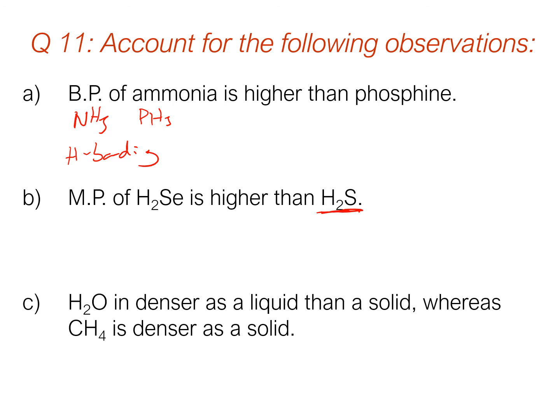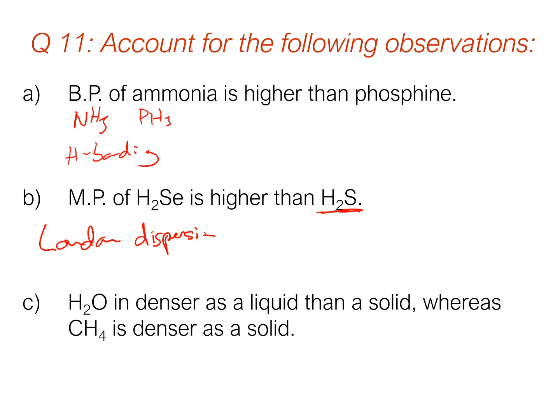And what really comes into account here is the London dispersion forces. If you remember from the videos, London dispersion forces are always present, and they have more of an effect the higher the molecular mass is. And as selenium hydride is lower in the periodic table than the sulfur hydride, there are stronger London dispersion forces in the selenium compound than the sulfur compound.